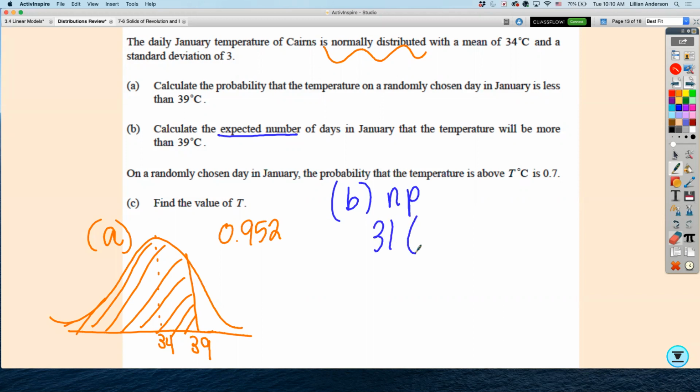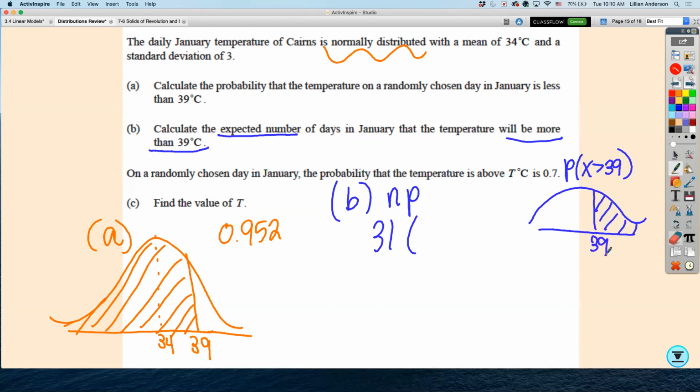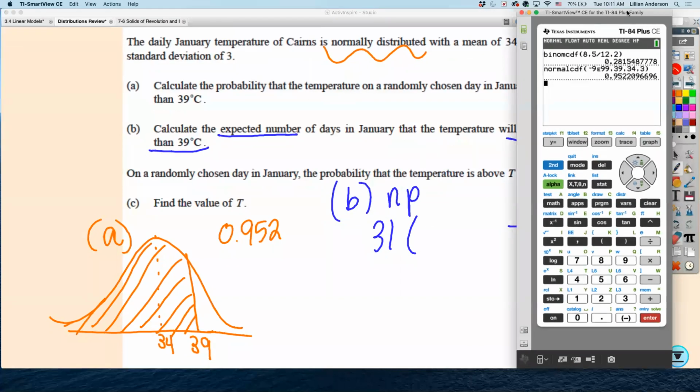P represents the probability. In this case, we're looking for the probability that the temperature will be more than 39 degrees Celsius. We just figured out the probability that it's less than 39 degrees Celsius. So how do I figure out the probability that it's more?